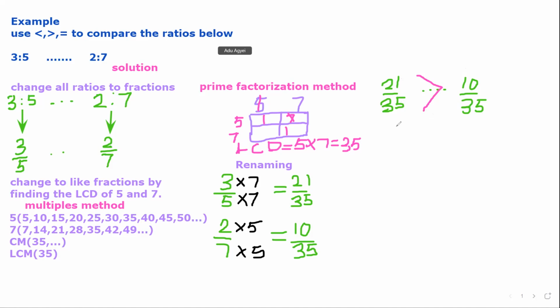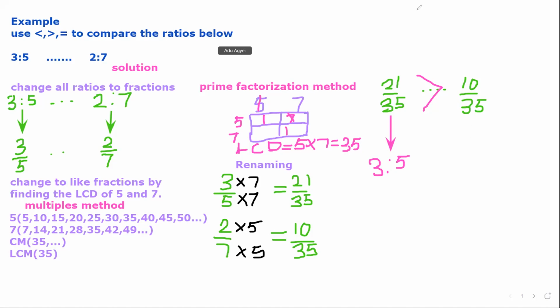Therefore, you turn them back to what? To the original ratios here. So the question was asked in the ratio form. So when you finish, you must also turn your answers to ratios. So here, the ratio was what? It was 3 out of 5. Okay, good.